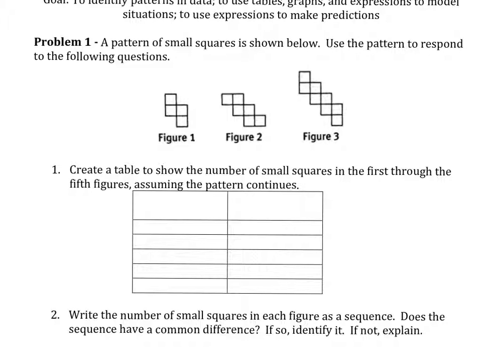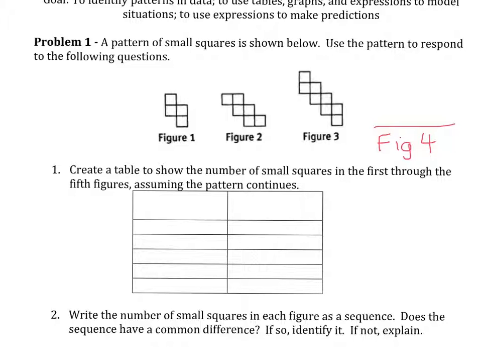So where I want to start, it says problem 1 up at the top, a pattern of small squares is shown below. Use the pattern to respond to the following questions. Okay, so this is what I want you to do together with your partners. I'm going to give you a lot of instruction up front, so make sure you're paying close attention. I want you to draw figure 4, and then you are going to fill in 1, 2, and 3.